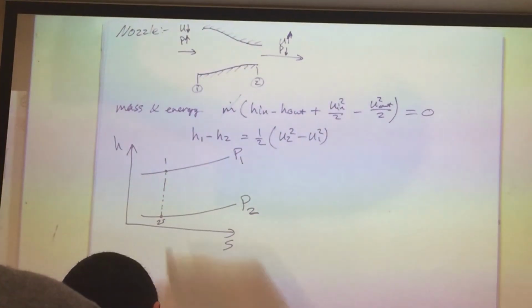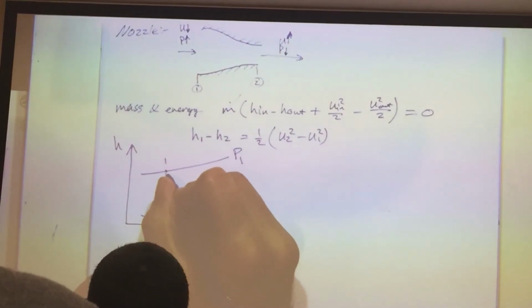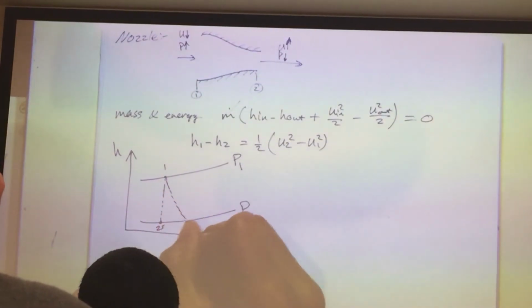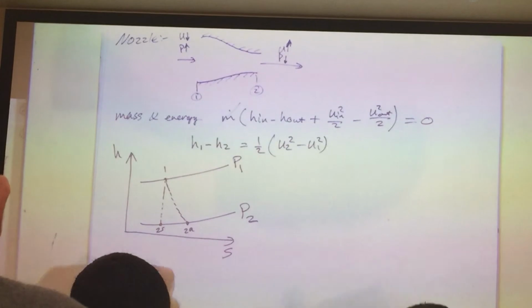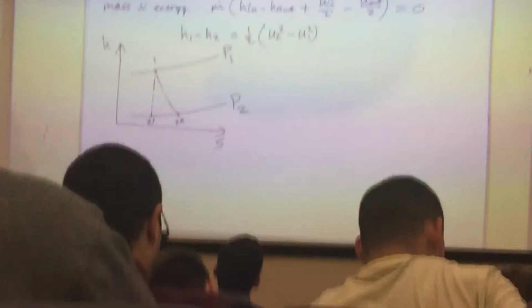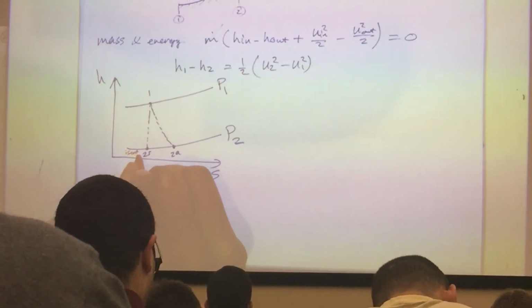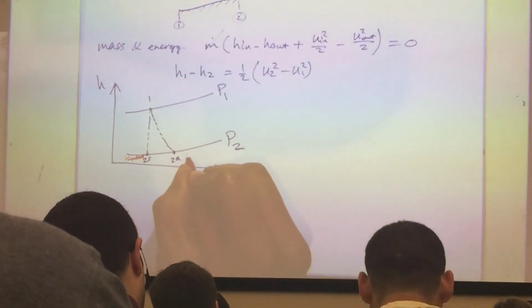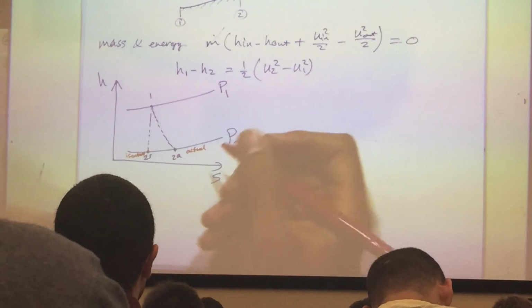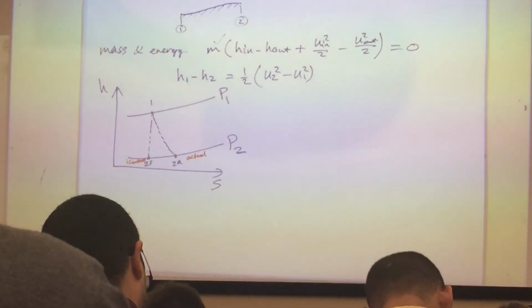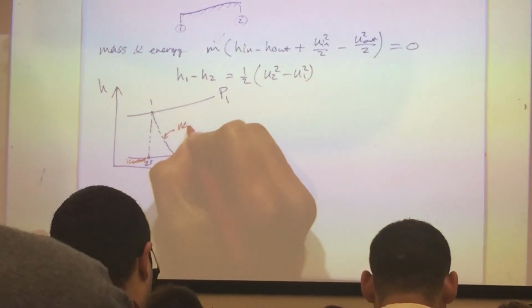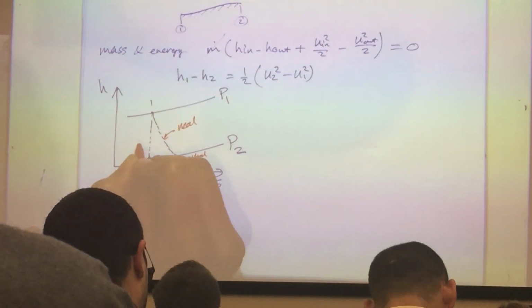We know that I get an actual process that looks like this: 2 actual. So this is isentropic. Remember this, right? So this is the real deal, the actual.